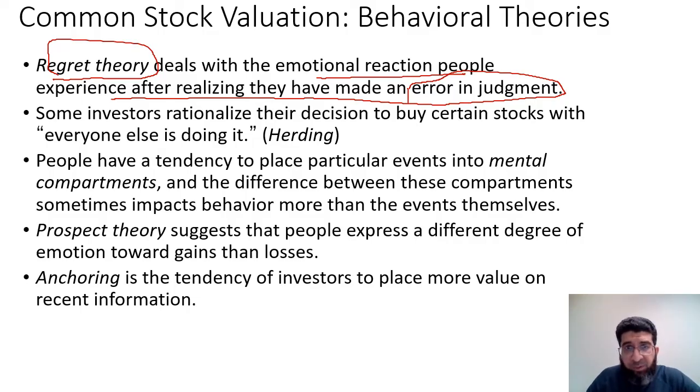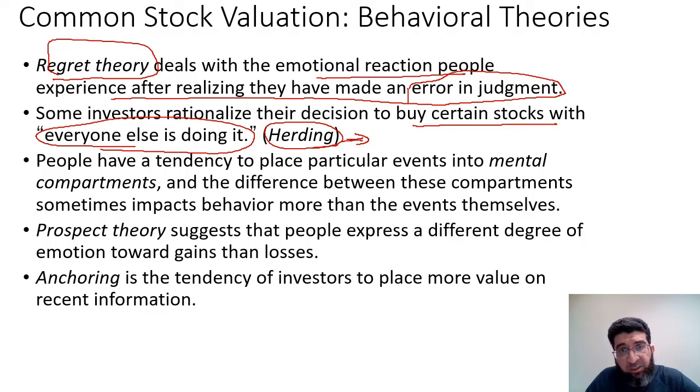Then there is another theory called herding or herd theory. It says that some investors rationalize their decision to buy certain stocks with the fact that everyone else is doing it. So if someone is making a lot of positive or successful trades in the market, then it's better to follow them. This herding actually leads to high prices in certain stocks without knowing what triggered it.